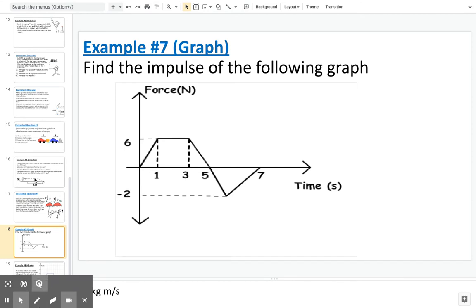Okay, so for example number 7, we have a force versus time graph, and we're asked to find the impulse. When we're given a force versus time graph, we can find the impulse by taking the area underneath the curve.